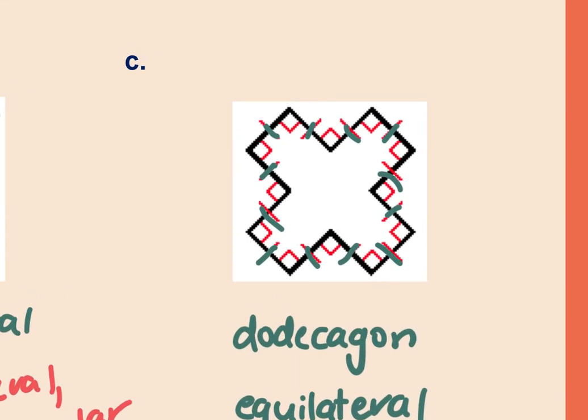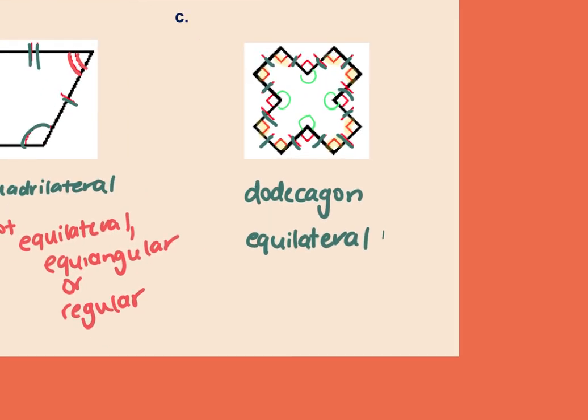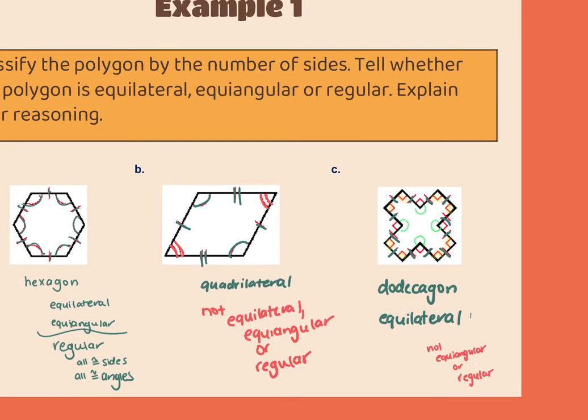If you look at all the angles, the ones that are right angles, so obviously here and here, here, here, here, here, here, and here are marked as congruent, but you'd have to have the same measurement at every vertex. So because this vertex and this vertex and this vertex and this vertex do not have the same angle measures, it is not equiangular, which means it's not regular. So it is just a dodecagon that is equilateral.